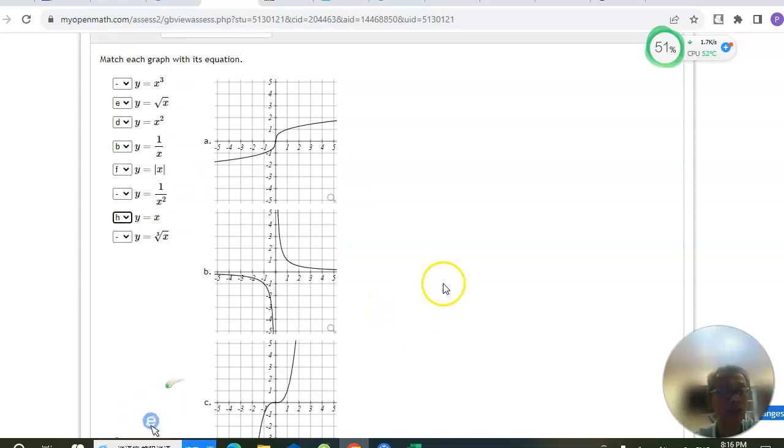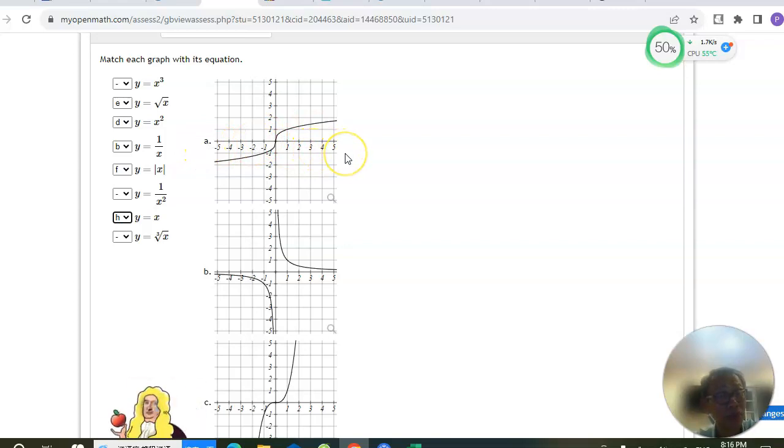Now let's figure out the first one, graph A. See, in graph A, when x equals 1, y equals 1. And as x becomes bigger and bigger, even when x equals 5, y is less than 5. So this one is the cube root.